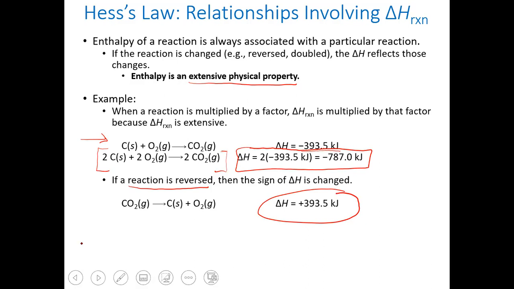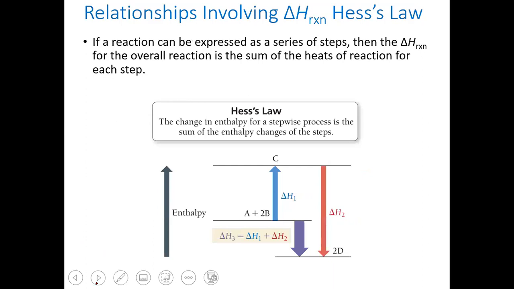So we're going to need these rules, I guess we'll call them, to deal with Hess's law. Hess's law states that the change in enthalpy for a stepwise process is the sum of your enthalpy changes.